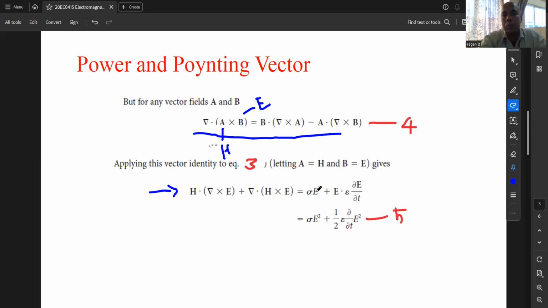And see here, sigma E square plus E dot epsilon dou E divided by dou T is there. So this can be expanded now.